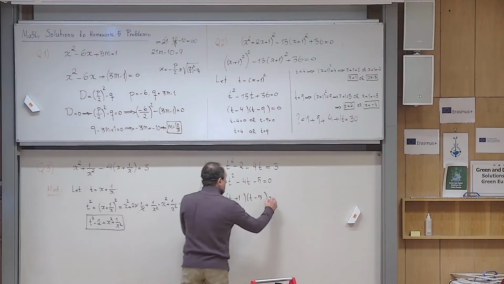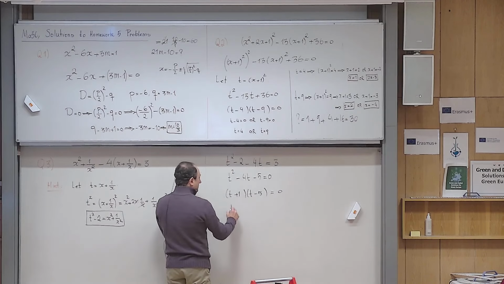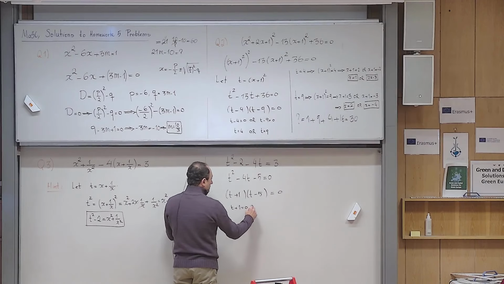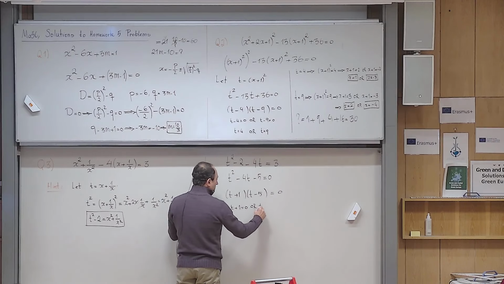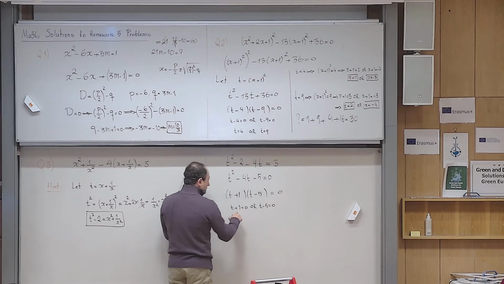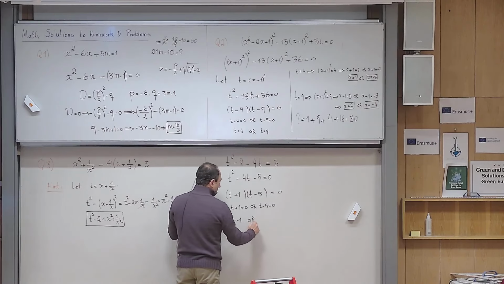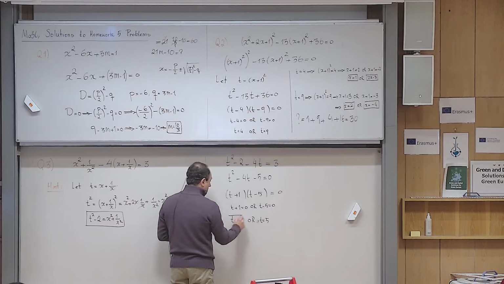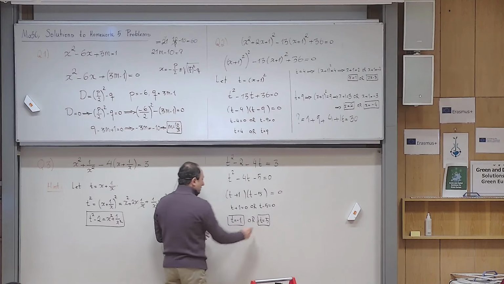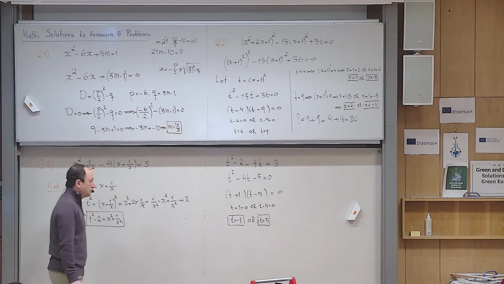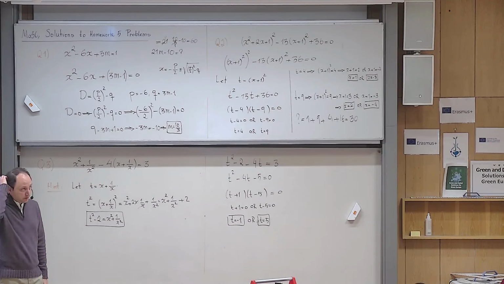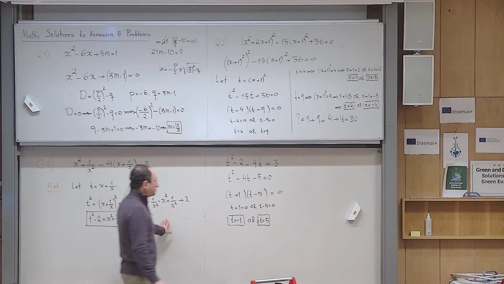Okay, but again, by the zero product rule, either this one is 0 or that one is 0. This one 0 means t is minus 1. That one 0 means t is equal to 5. So then I have to do the same thing as I did before. I have to solve the problem once for t equals minus 1 and once for t equals 5. Yes? So let us do that.